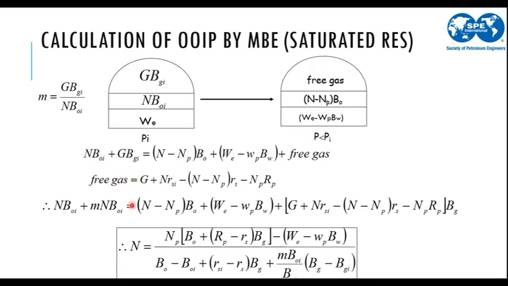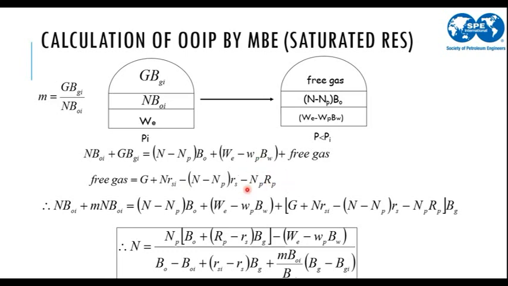The free gas is some of the initial gas in place that we have, plus N Rsi, the gas in solution, minus (N minus Np) Rs, the gas in solution that remained, which is the free gas that evolved above the oil at the reservoir condition, minus Np Rp, the gas already produced.